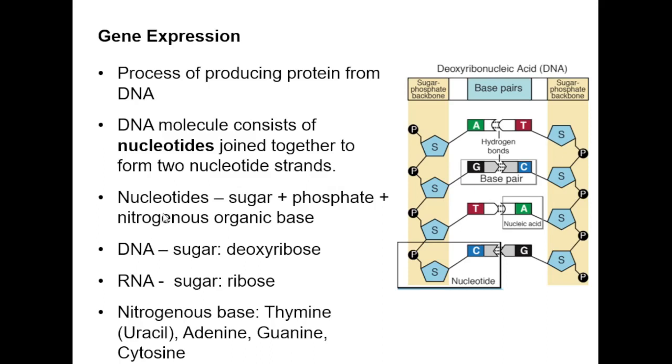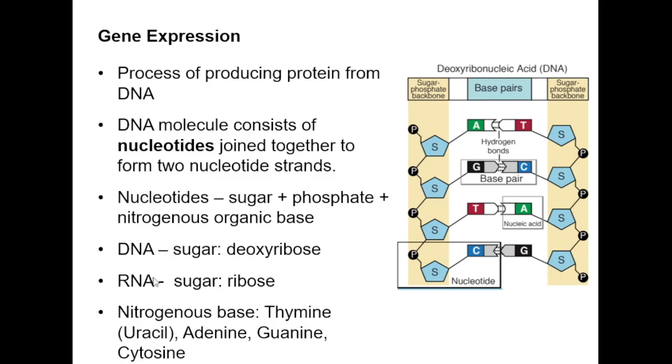So just to review, nucleotides are actually composed of different organic molecules. It's composed of a sugar, a phosphate, and a nitrogenous organic base. That's why if you remember, nucleotides or nucleic acids are made up of CHON-P, CHO to represent your sugar, your nitrogen, and then your P for phosphate.